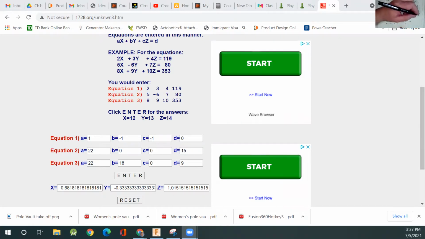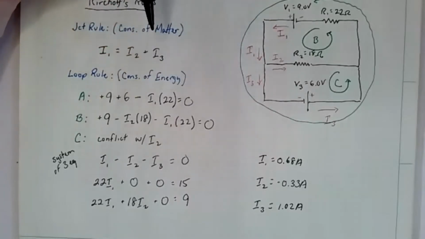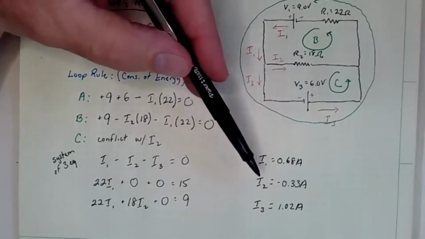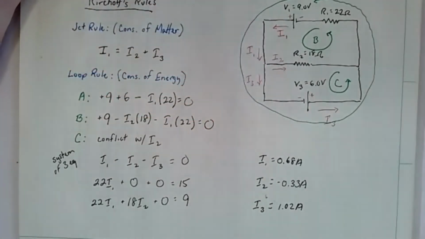And then I3 is 1.02. Okay. So let's go back and take a look at what we've got. Right, this is if you add I2 and I3. So you take this number and you subtract 0.33 and you get 0.68. That works.